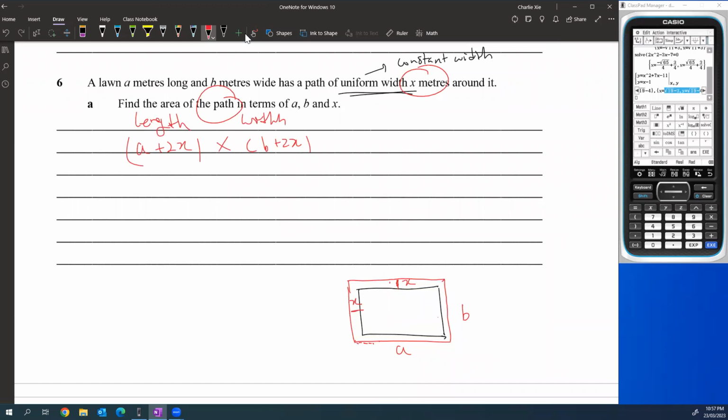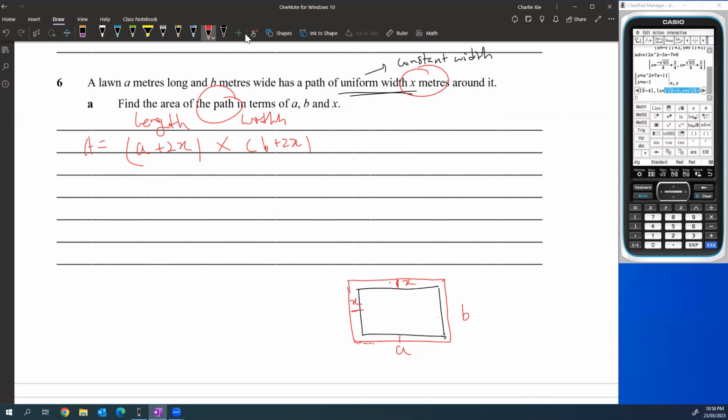Okay. Look at that. It's always 2 bits of x. And you might have noticed I used the brackets for each one because length A plus 2x is your length. That's an entire concept, the whole concept. So please make sure to include bracket.